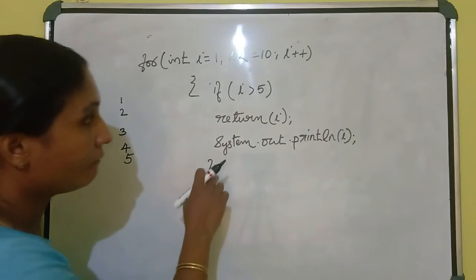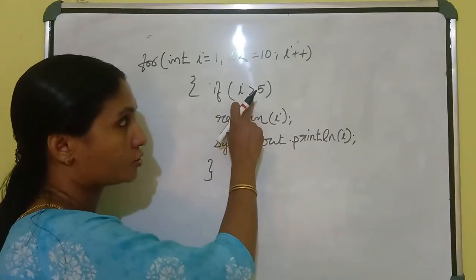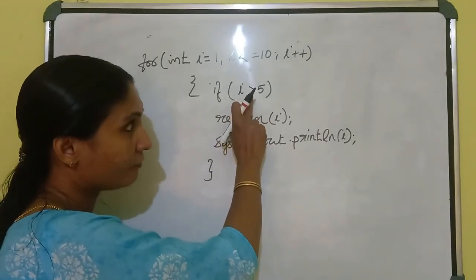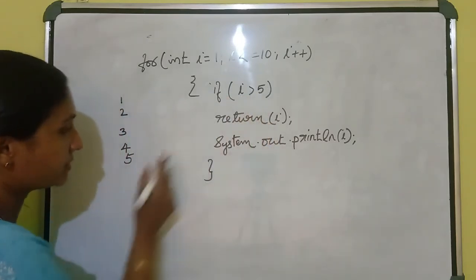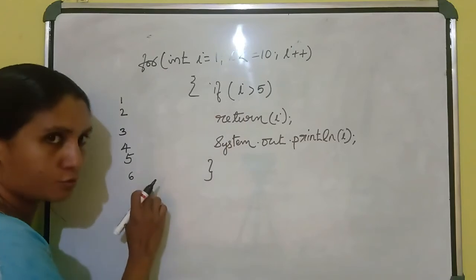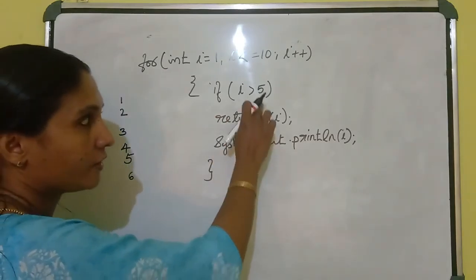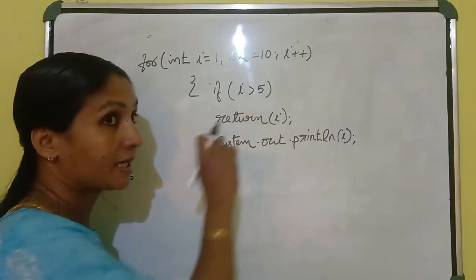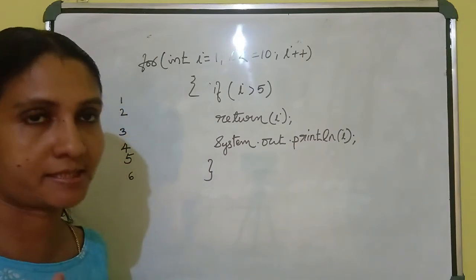Whenever this condition is true, that means if i is greater than 5, when you take the value 6, the condition is true. Then it will follow the statement return i, that means 6.